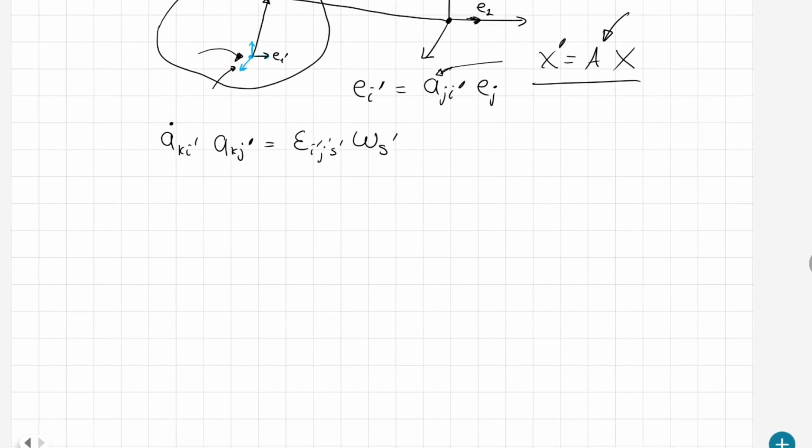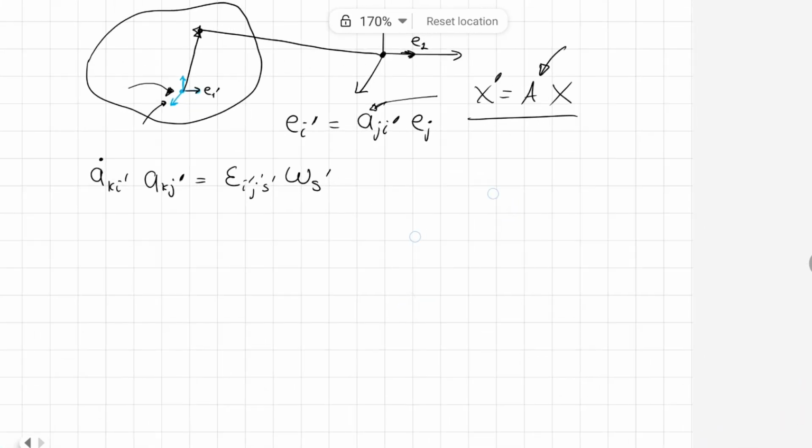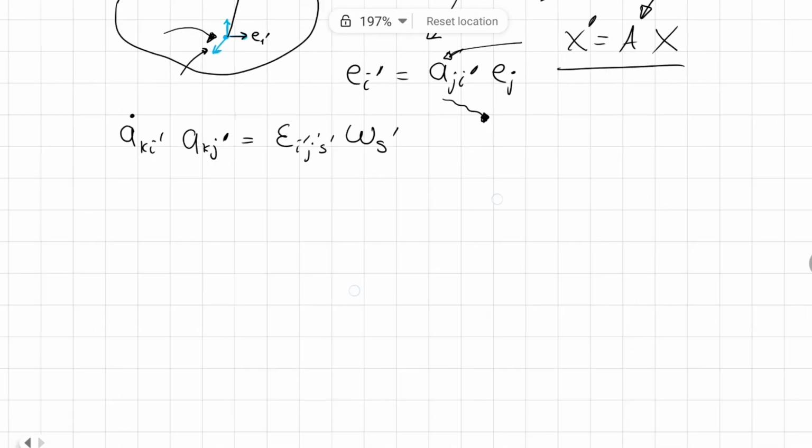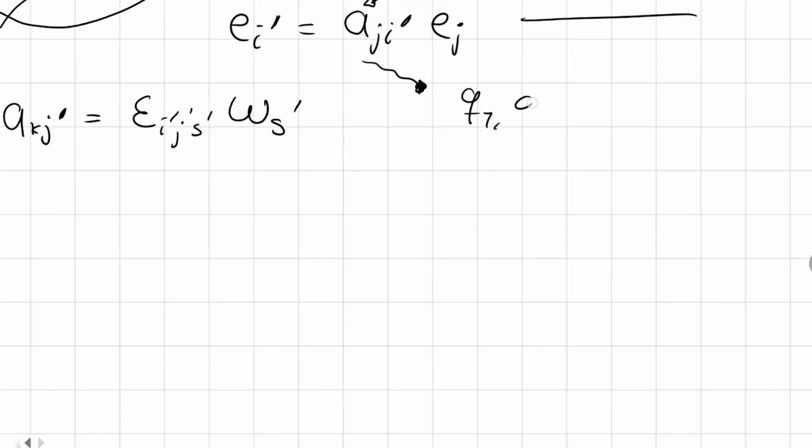So to be able to talk about the torque of the rigid body, we need to wonder what happens if these elements of the transformation matrix depend on the generalized coordinates q1, q2, all the way up to qn.